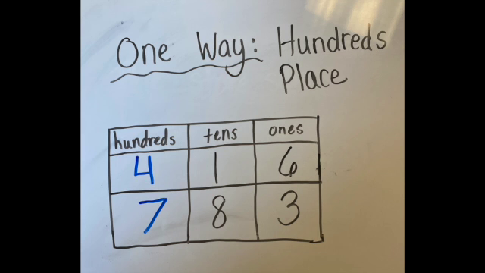And when the tens place is 5 or higher, that's when I would say, oh, then 400 and something would be closer to 500. Well, this number, remember, the tens is only a 1. So that's 4 or lower. That means I'm going to round it down to 400. So 416 is closer to 400.